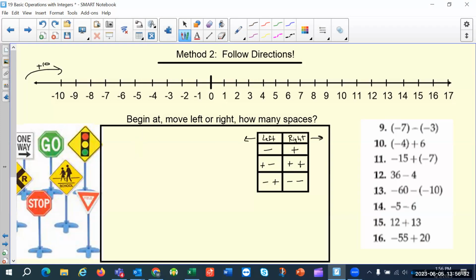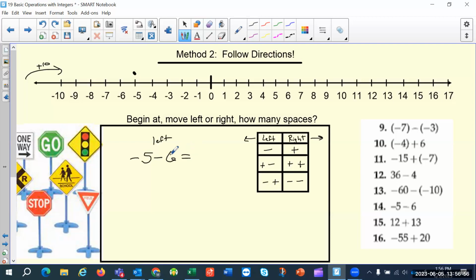All right, negative 5 minus 6. Try this one on your own, and then click back and let me know what you got. Okay, starting at negative 5, going left.